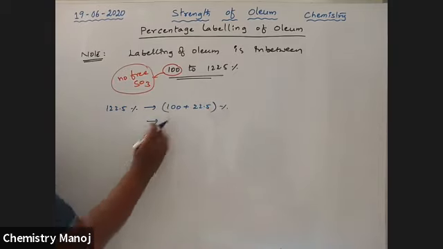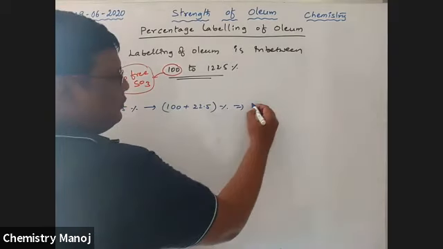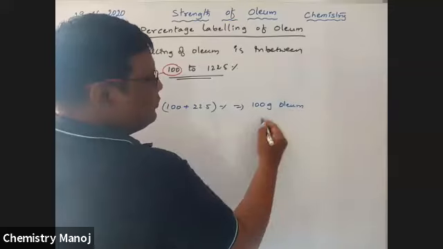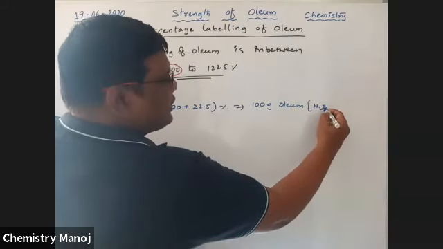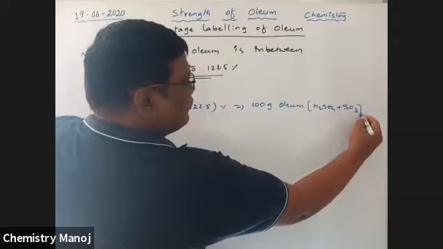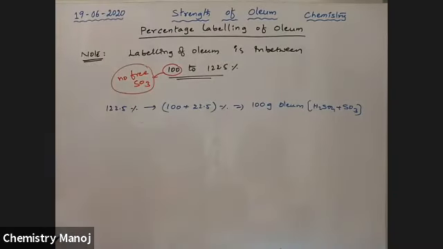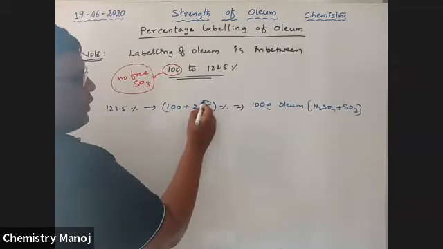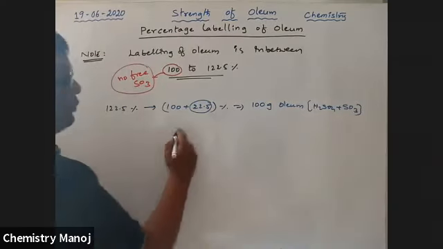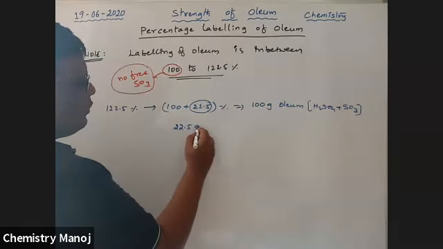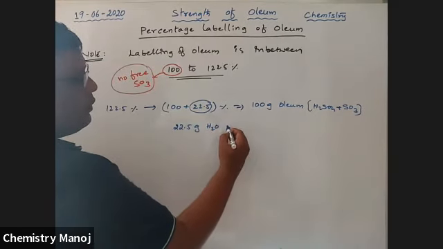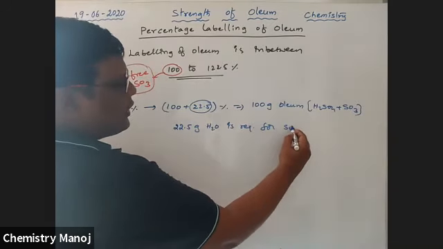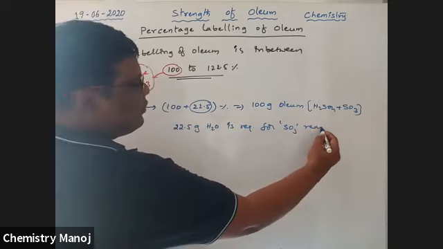That implies 100 grams oleum, that means H2SO4 plus SO3, contains 22.5 grams of water required for the SO3 reaction.